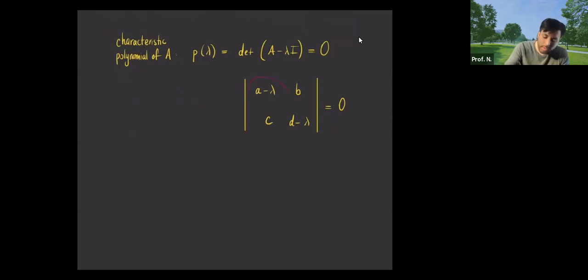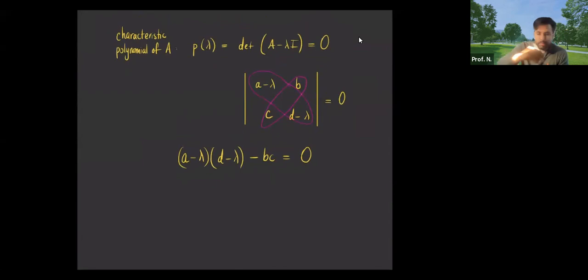To find the determinant of a 2x2 matrix, it's the same idea. We get A minus lambda times D minus lambda, minus BC, equals 0. We do a bit more distribution and we get AD minus A lambda minus D lambda plus lambda squared minus BC equals 0.